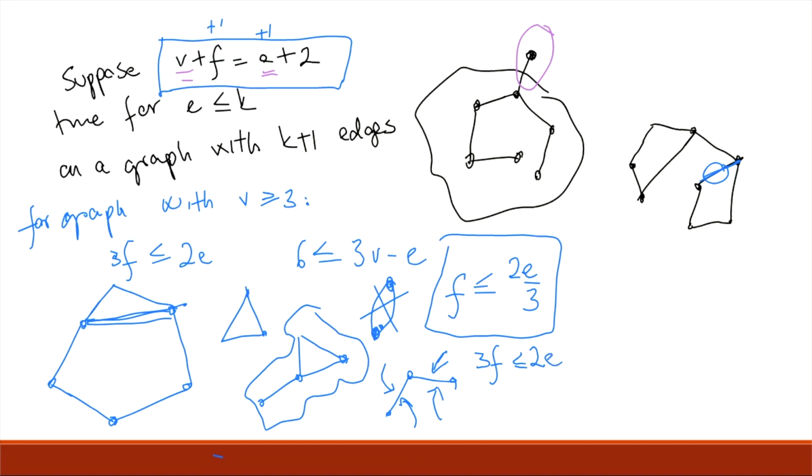Now, the second equation after this is relatively simple. You want to use your original equation, so we have v plus f equals e plus 2. Now I'm going to circle our goal, the second equation we want to find.